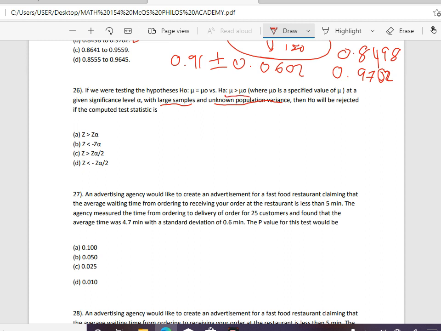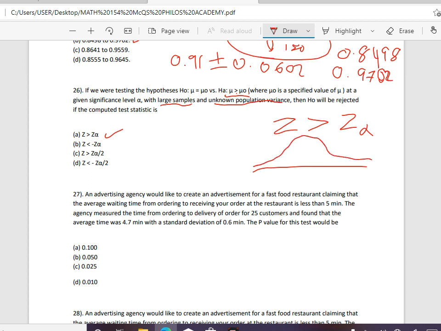Here the answer is A. You only reject H0 if, when you calculate Z, the calculated Z value is greater than the critical value of Z. When mu is greater than mu sub 0, it's a right-tailed test. So since it's a right-tailed test, Z should be greater than the critical value of Z. Then you reject H0.